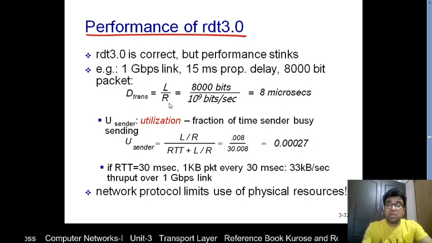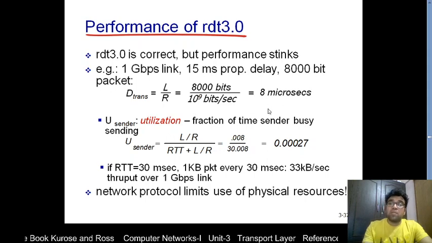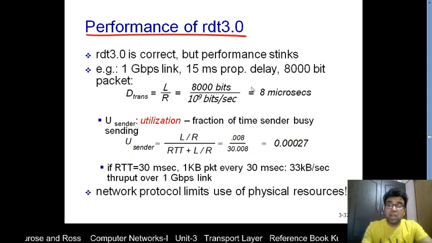So transmission delay of a particular packet is 8 microseconds if that particular packet has 8,000 bits, and this is the transmission rate, 10 to the power 9 bits per second. So this is the transmission delay. Transmission delay, I'll explain you once again.